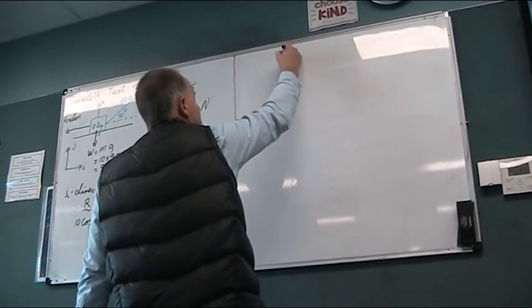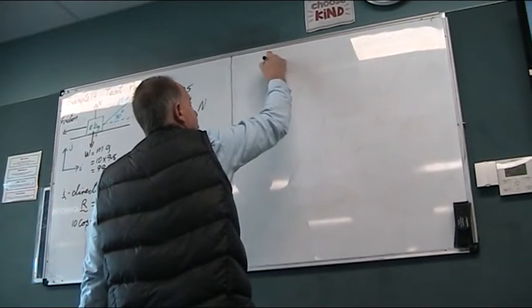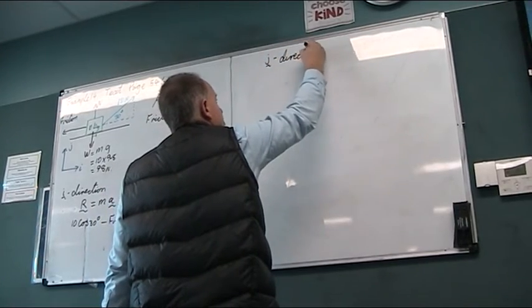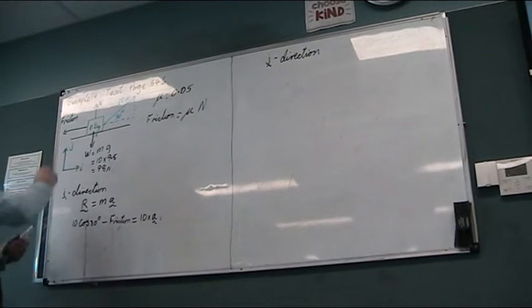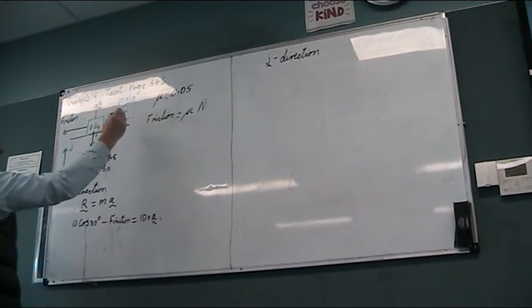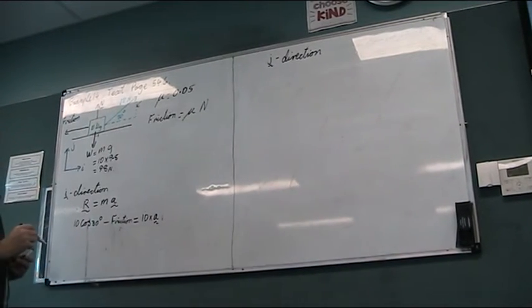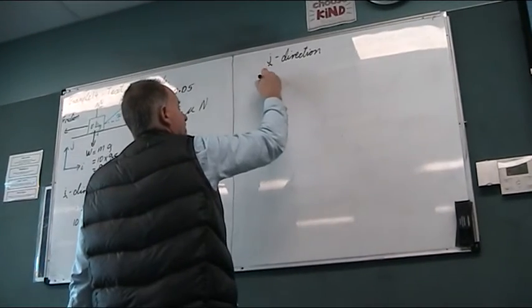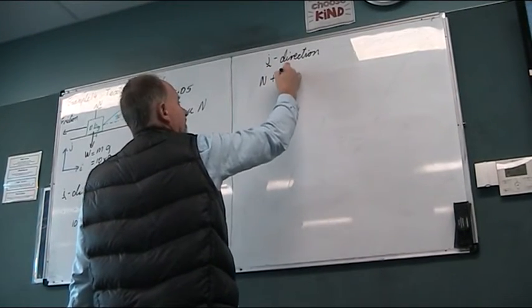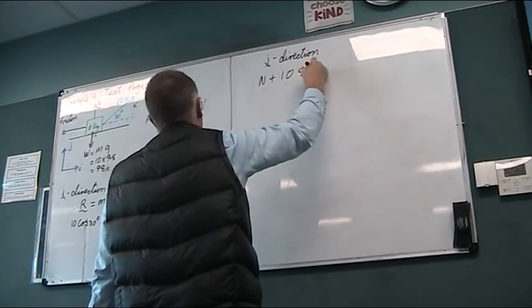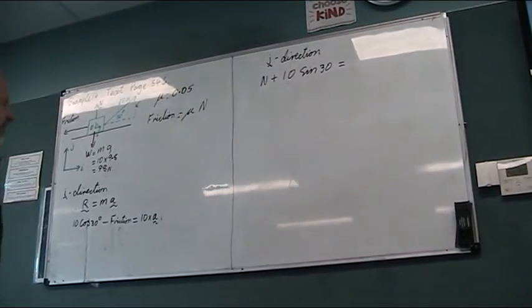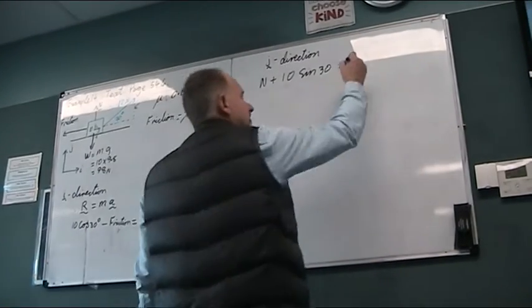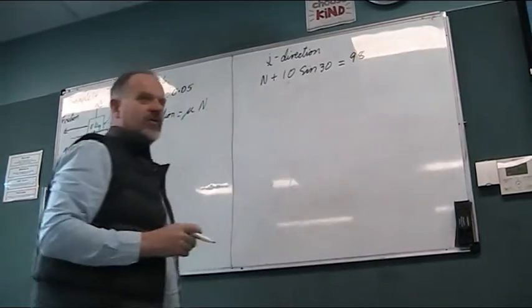So in the J direction, I've got, in the up direction, two forces: the normal reaction force, and that vertical component, which is 10 sine 30. And that's got to equal 98, because they're in equilibrium.